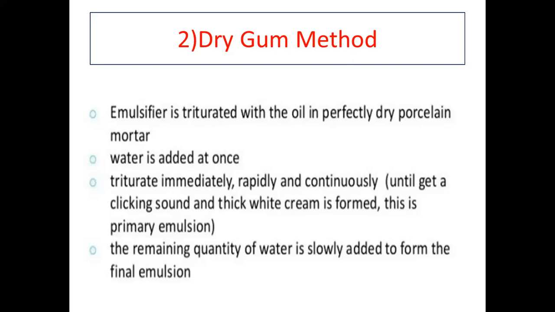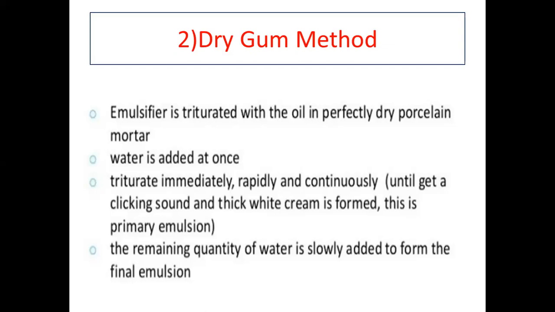Then add water at the end. Triturate it immediately and continuously, up to the point that a clicking sound is produced and the mixture becomes a white cream, or nearly white color. This is known as primary emulsion. And then at the end add the remaining quantity of water to adjust the final volume.